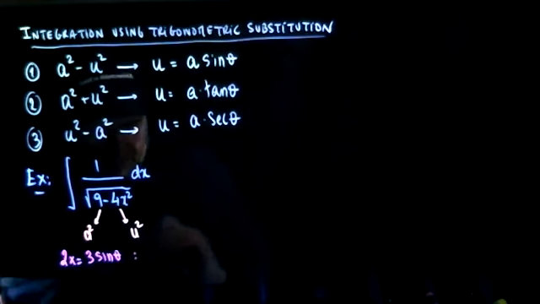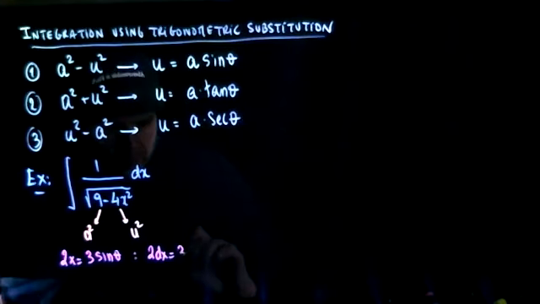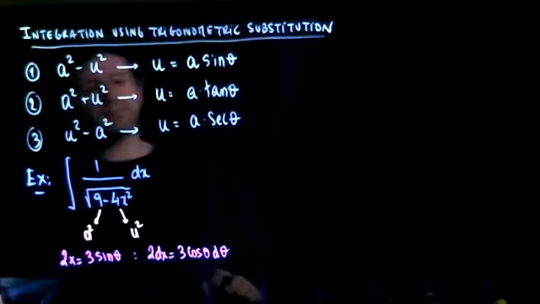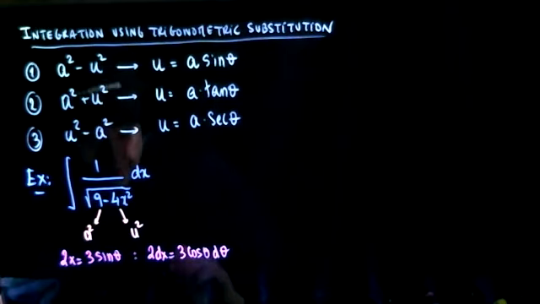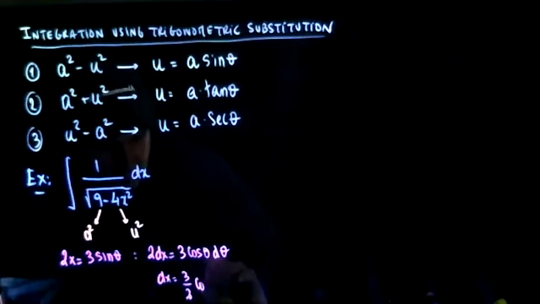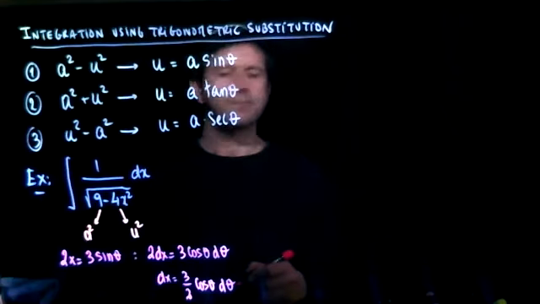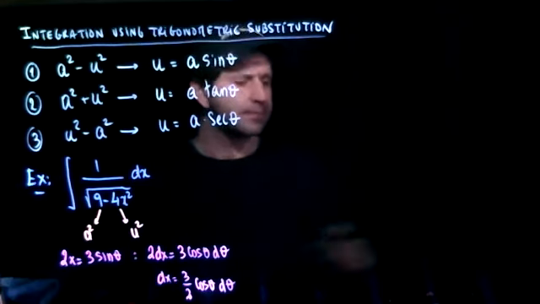The derivative of the left is 2dx, which is equal to 3 cos theta d theta. Follow me? And so dx is 3 over 2 cos theta d theta. And so I'm ready to replace.